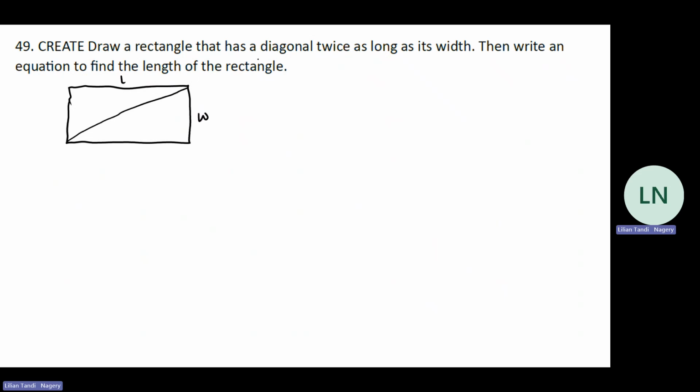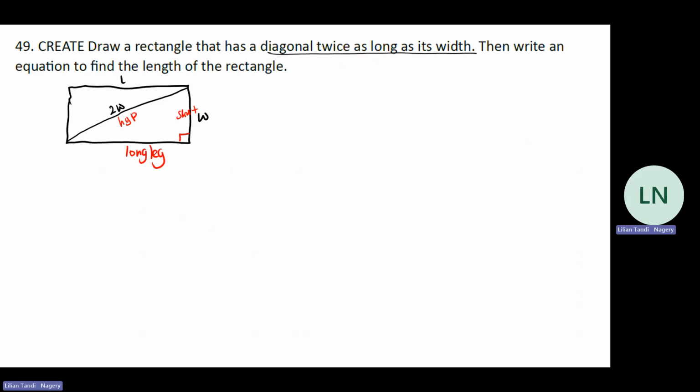And we've been told the diagonal is twice as long as its width, 2w, okay? And then, so this is the hypotenuse. This is the short leg. And then this will be the long leg. So we want the long leg.